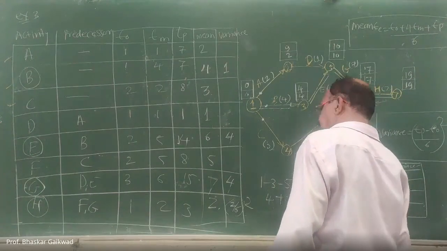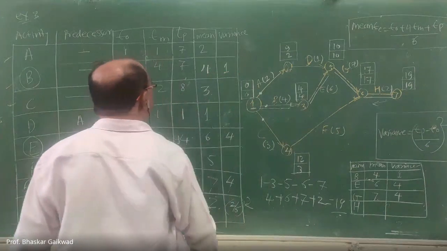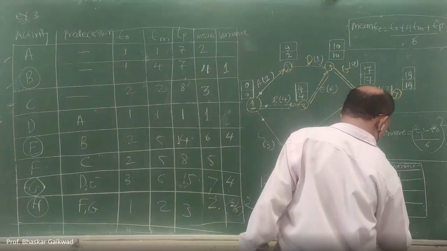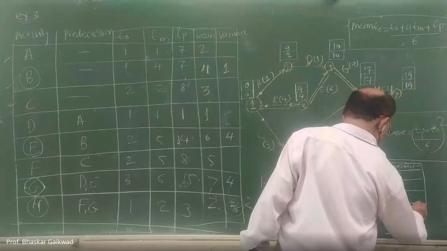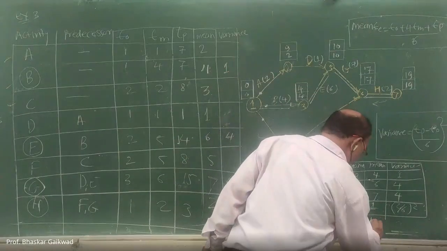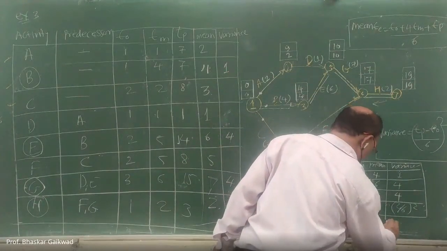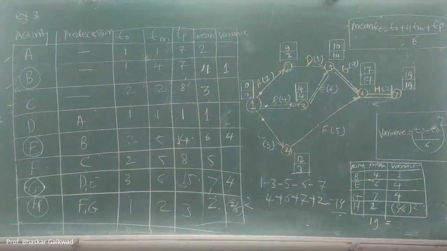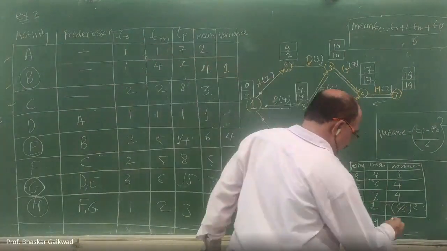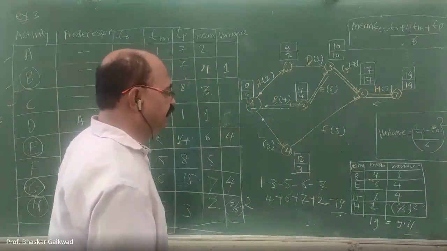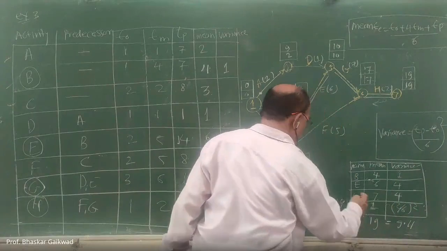After that H. Mean here is 2, variance 2 by 6 bracket square. Okay, you can add this up for the total. Here it is 19, and the total variance, as per my calculations, is 9.11, the addition of all of this.